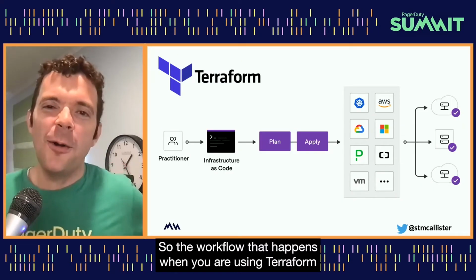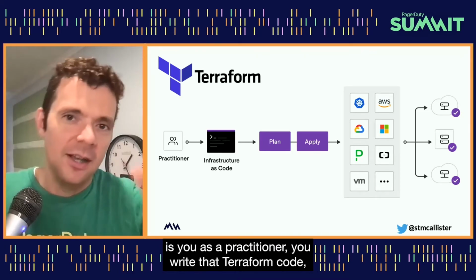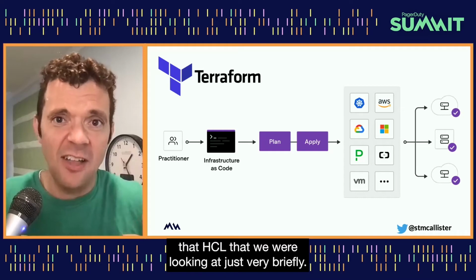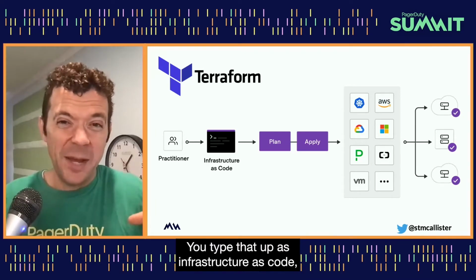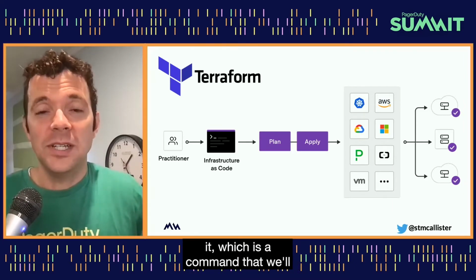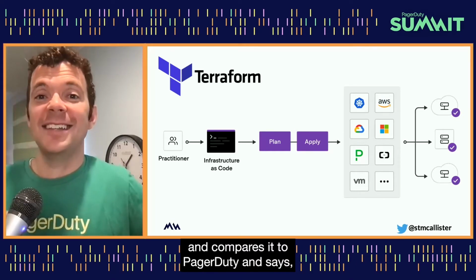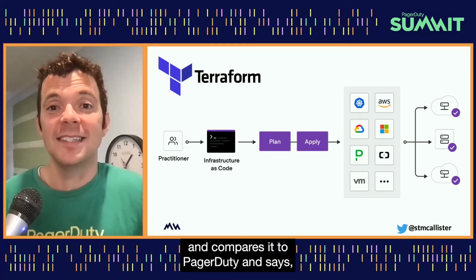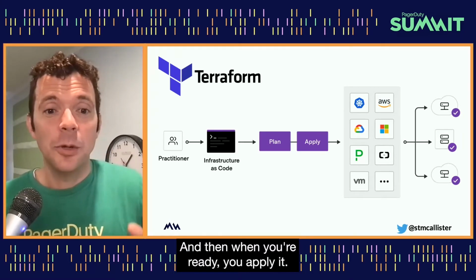The workflow when you are using Terraform is that you, as a practitioner, write that Terraform code, that HCL that we were looking at just very briefly. You type that up as infrastructure as code. And then when you're ready, you plan it, which is a command that we'll talk about, which takes the Terraform code and compares it to PagerDuty and says, are you sure you want to do this? And then when you're ready, you apply it.